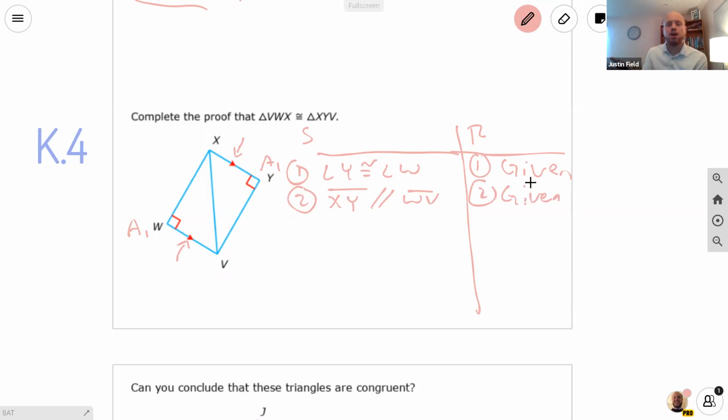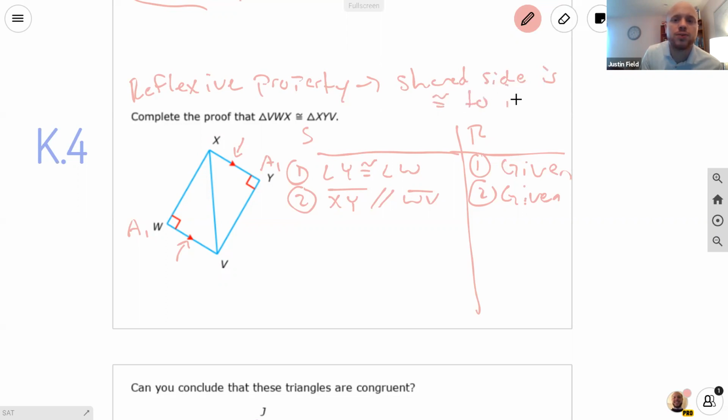Oh, I just realized I can tell you about my favorite congruent statement. I had told you about my favorite triangle congruent statement, but this is my favorite congruent statement. The reflexive property. All right, I hope you like the reflexive property, because once you know it, it just makes things easier. It's the shared side is congruent to itself.